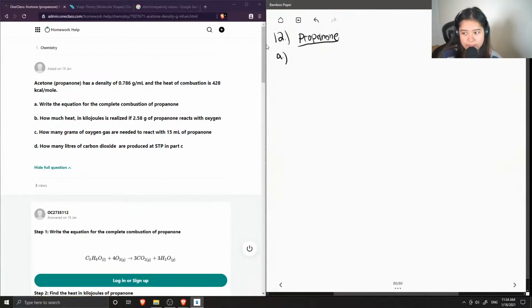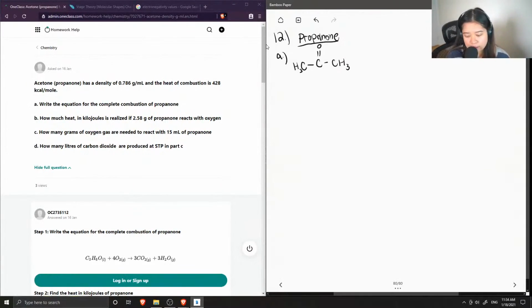if we analyze the name of this compound, it has a prefix of prop, which tells us that there are 3 carbons in the parent chain, and we know that it ends in -one, so that means the middle carbon will contain a ketone group, which is that double bonded oxygen, and then the rest of the bonds of the other 2 carbons will just be filled with hydrogens.